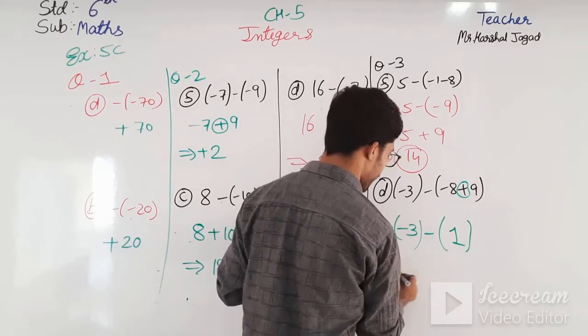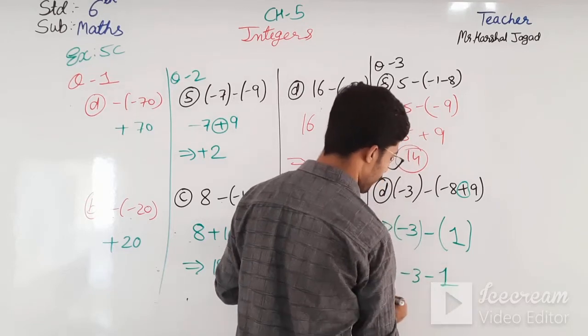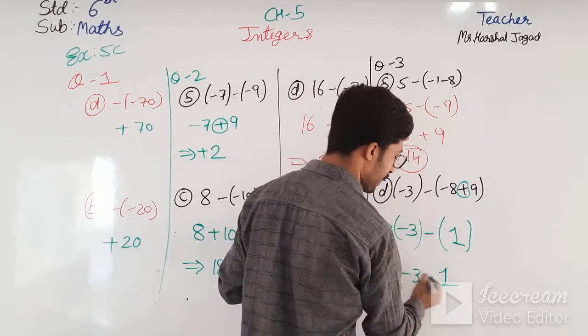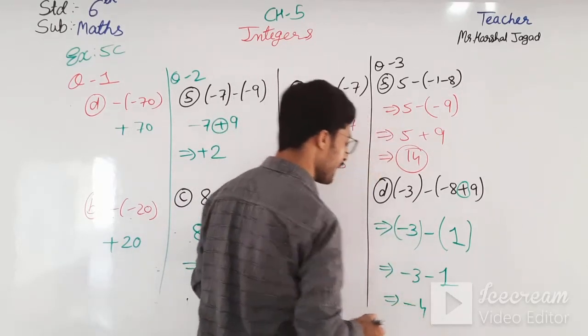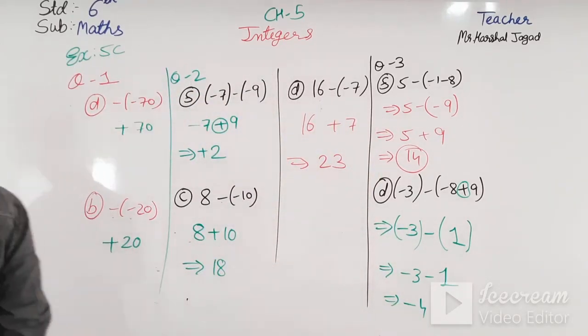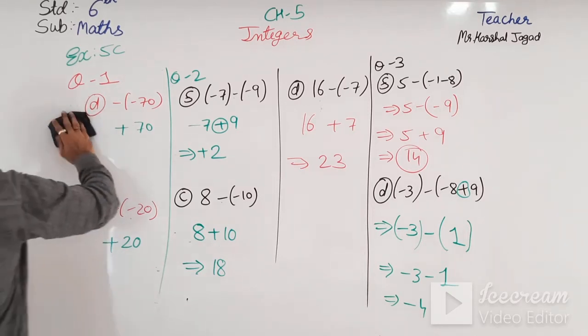Then opening the bracket, minus 3 minus plus minus 1. So minus plus, 3 plus 1 will be 4, but the sign will remain minus. Okay, in this way you have to do question number 3. Then after that, moving towards question number 4.